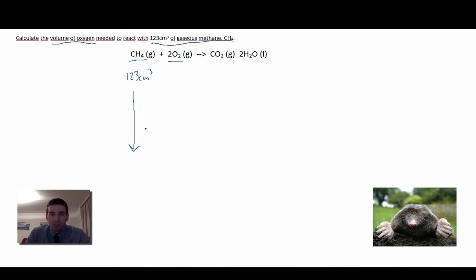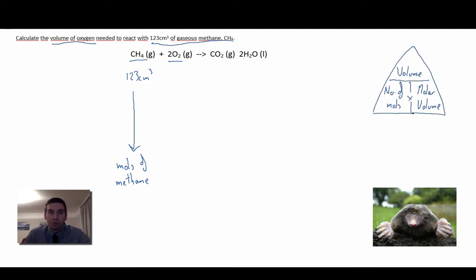So next step is to work out moles of methane, and we use the triangle we've just looked at to be able to do that. So again, I'm going to just quickly draw that triangle so that you have it in front of you. So hopefully you can see that to get moles of methane, you have to do the volume divided by the molar volume.